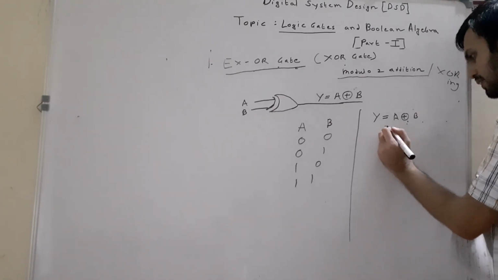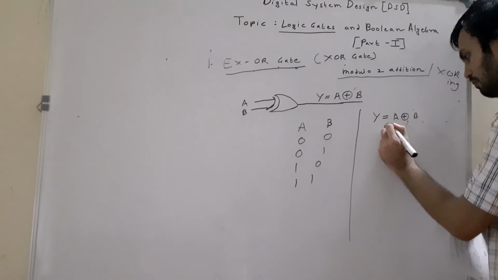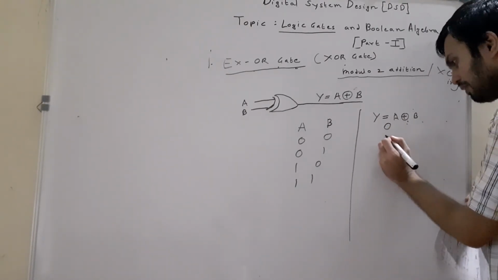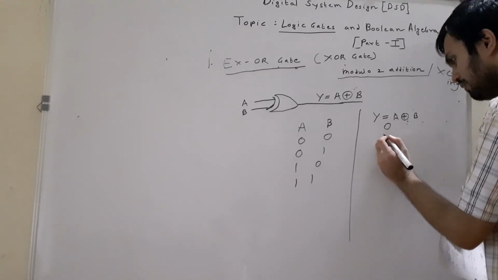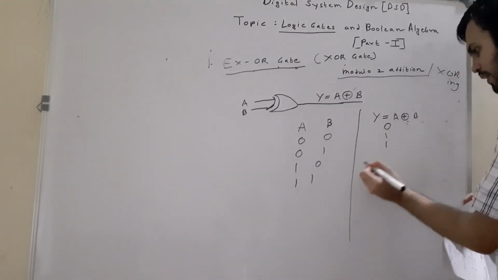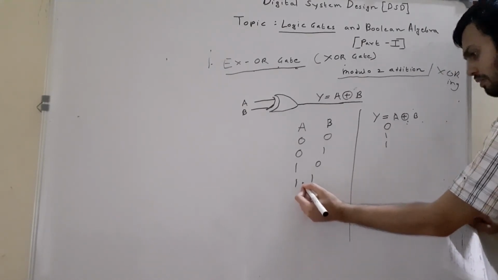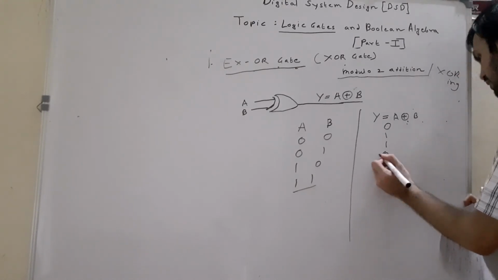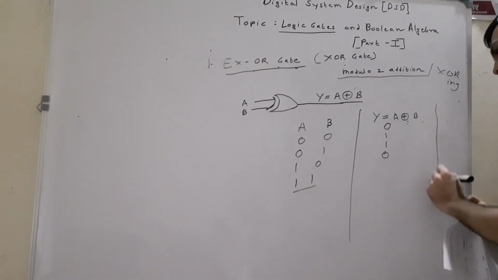So what is 0 0? It will be 0 as per the rules of modulo 2 addition. 0 1 will be 1, 1 0 will be 1, and then what will be 1 modulo 2 addition 1, it will be 0. So this is the truth table of your XOR gate.